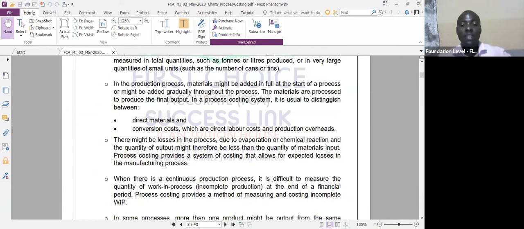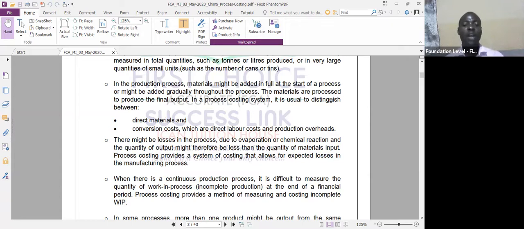Now, another characteristic of process costing is that there might be losses in the process due to evaporation or chemical reaction, and the quantity of output might therefore be less than the quantity of the input material. Now, let's say you're making cake or bread, and the input material is flour. You have put them in their tins or in the cans that are housing them, waiting for them to rise so that you can put them in the oven.